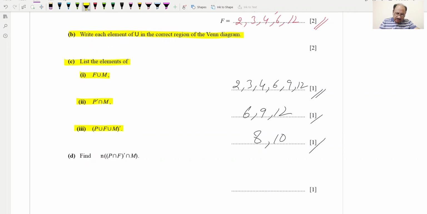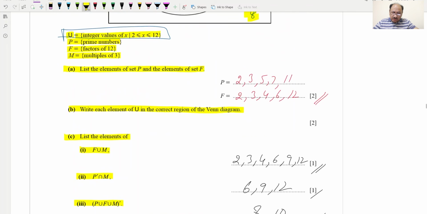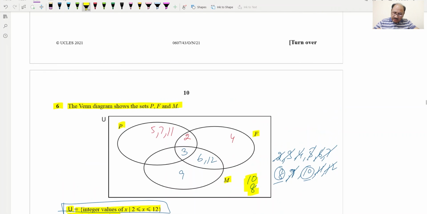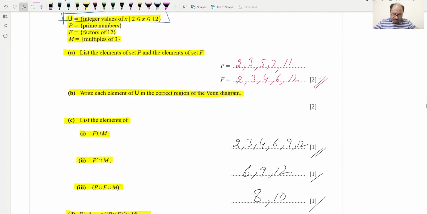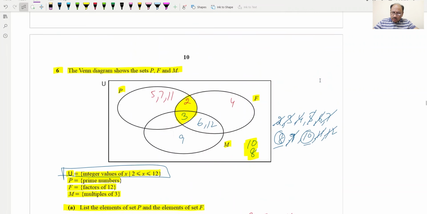Now they're saying find n of P intersection F, intersection F complement and M. So P intersection F is what? P intersection F is basically this region, and we have to take the complement of this, meaning excluding this, the rest of everything, intersection with M. So intersection with M will be which region?